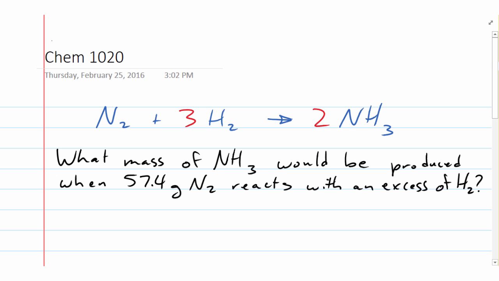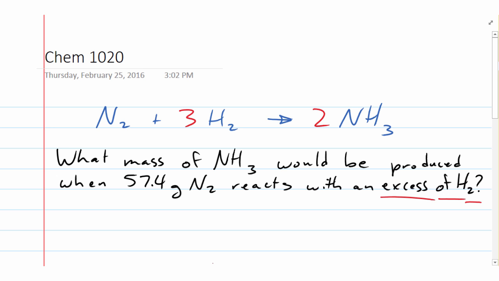Now I know that wording is sometimes a problem for some of you. You look at some of these problems and you say, wow, I don't know what to do. Many problems are worded with an excess of something, and don't let that confuse you.